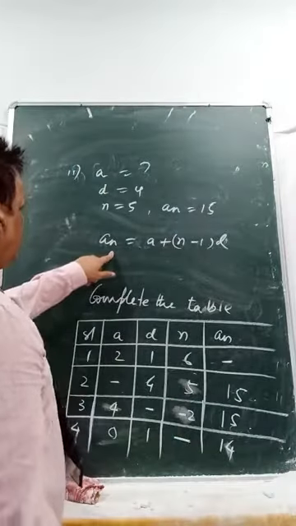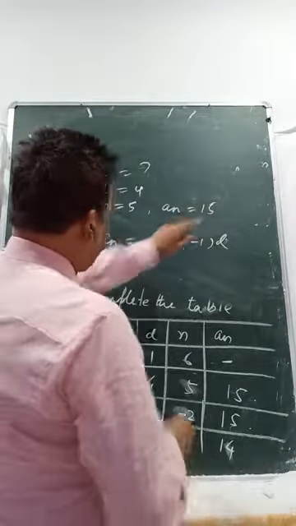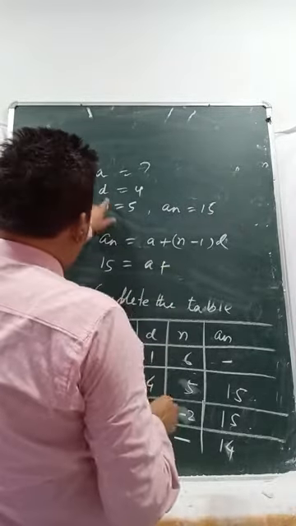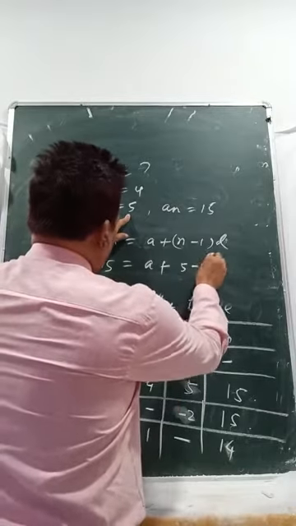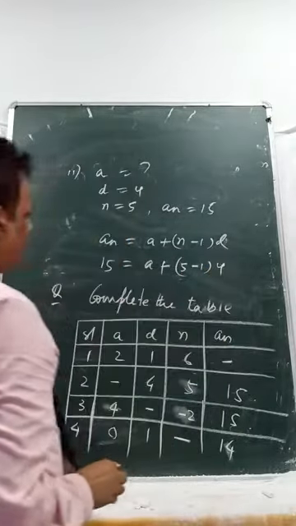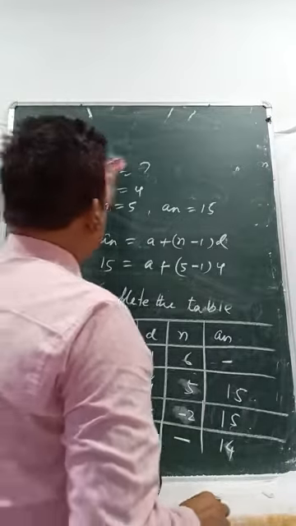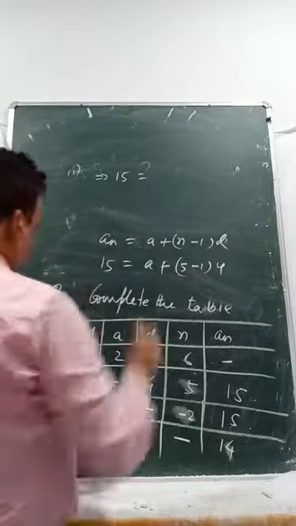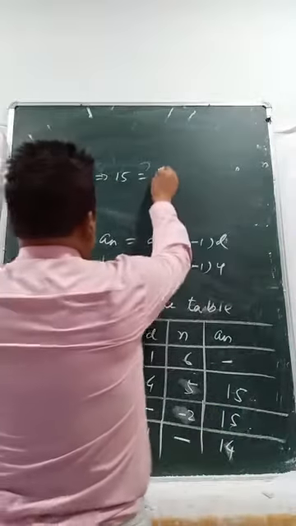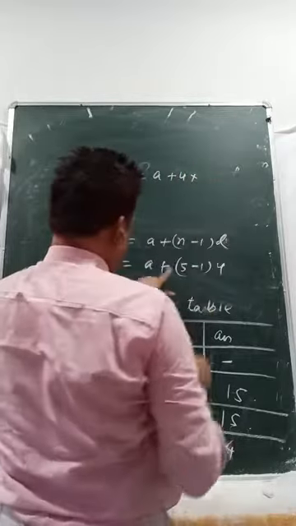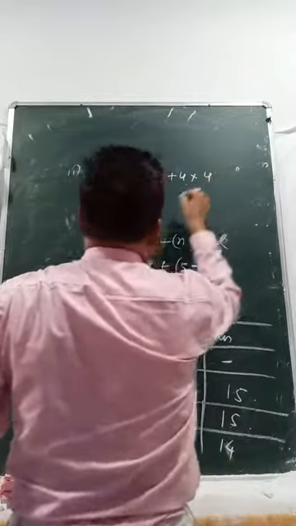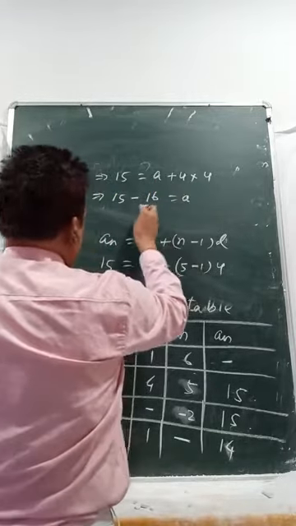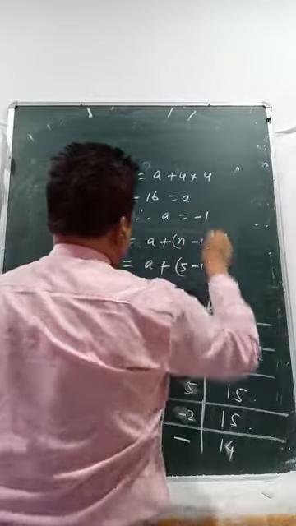So an means I will write 15. A is not given. n is 5 minus 1 into 4. So how much will you get? 15 equals A plus 4 into 4. So it implies 15 minus 16 equals A. Therefore A equals minus 1.